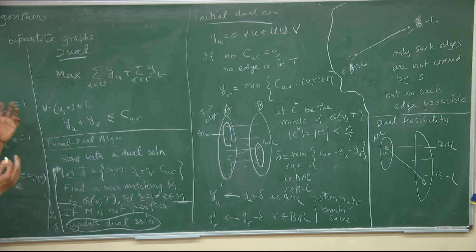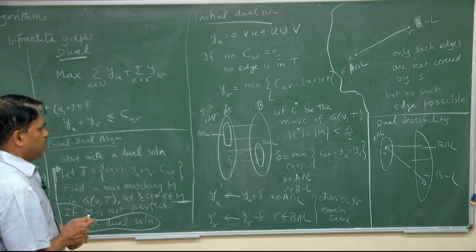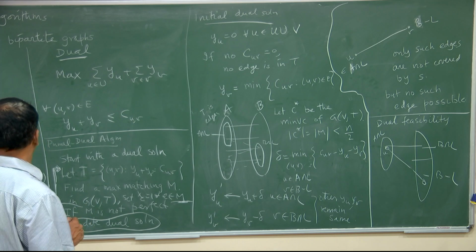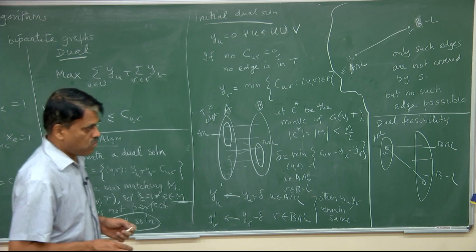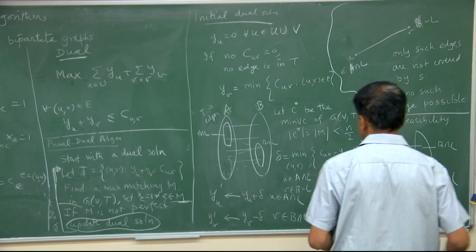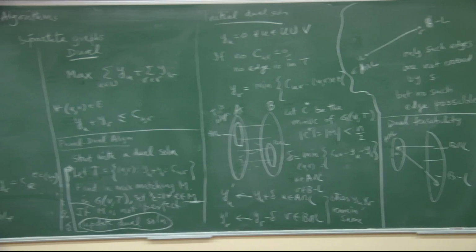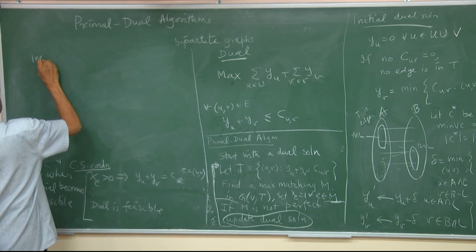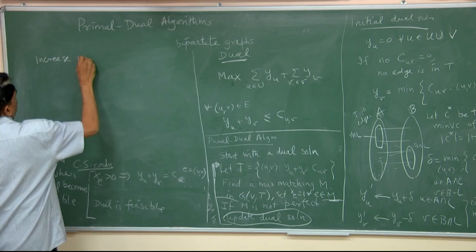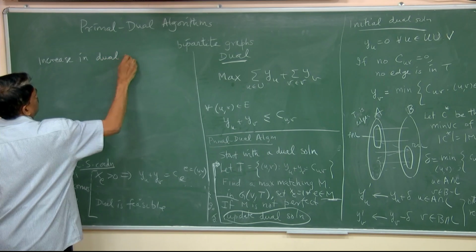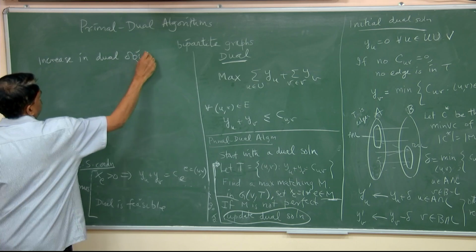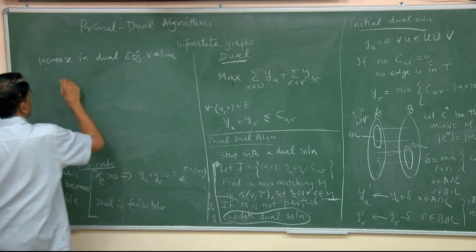Oh, and how much did the dual increase by? I want to argue that the dual objective strictly increased. I mean, it may actually turn out to be a decrease.